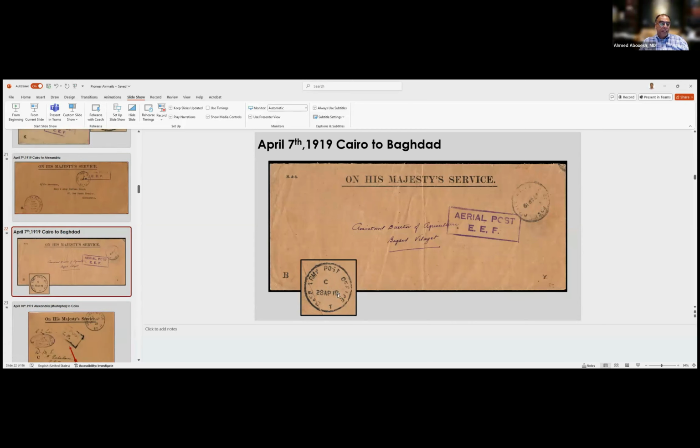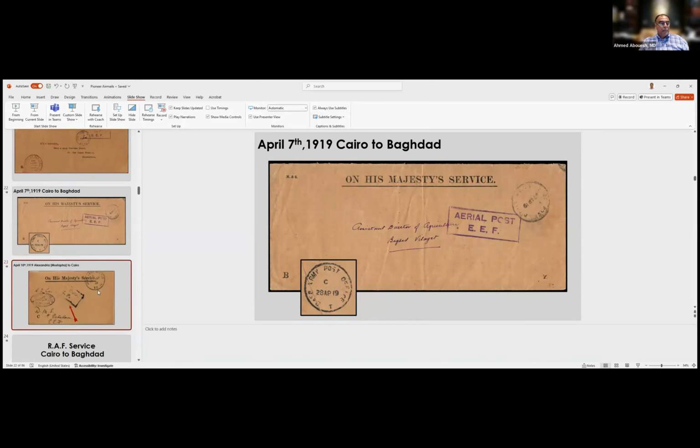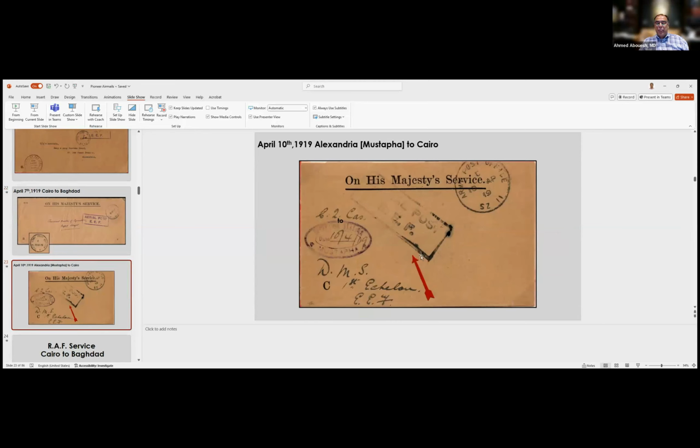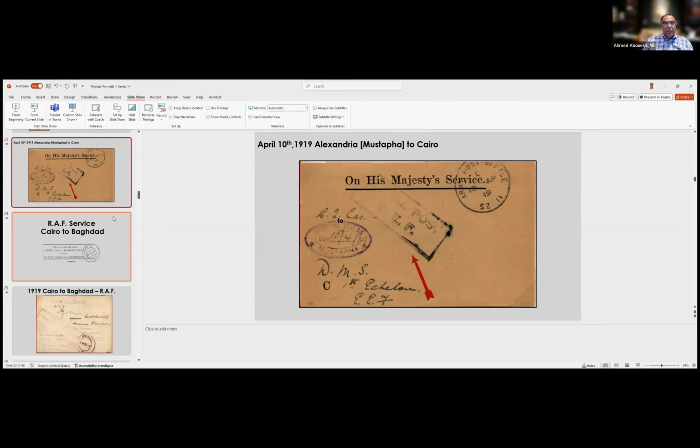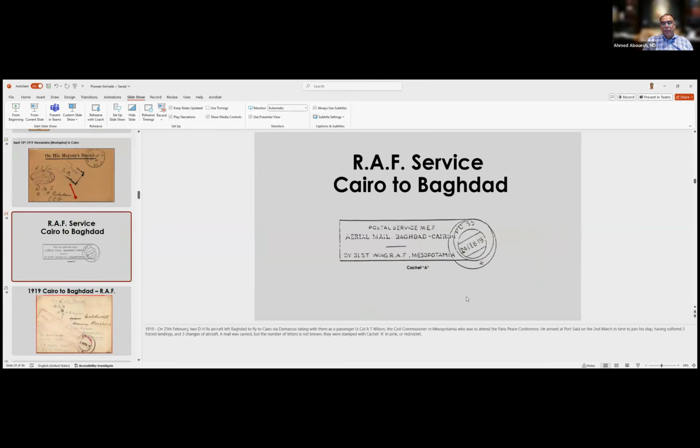However, Lucien in his study noted a later date, I believe May 1st or 2nd. So this is another one on the 10th of April from Alexandria with the hand stamp of Mustafa Kemal, sent to Cairo. And with that began the RAF service and the beginnings of the Cairo to Baghdad mail.